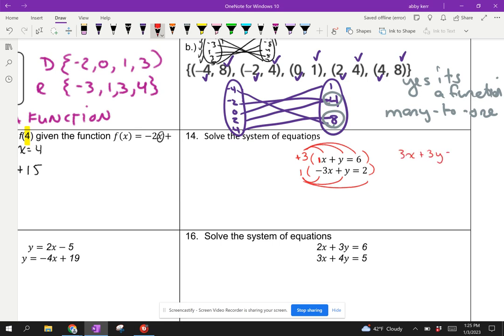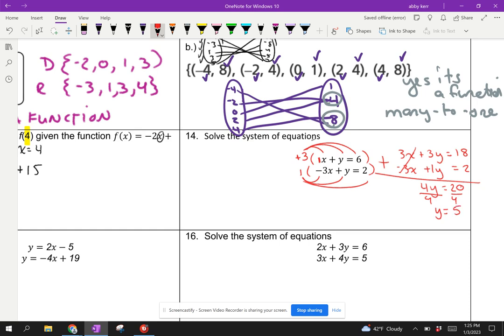Make sure to distribute everything. I'm going to make my plus y a plus 1y. Now, this is the important part. When you get to this step, you want to make sure that 3x plus -3x are in fact opposites, so they can eliminate, which they are. So then we have 4y equals 20.